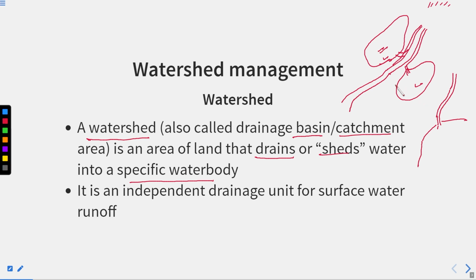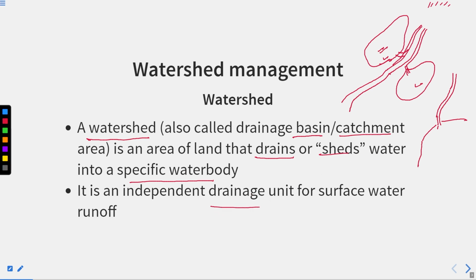All year that river channel is dry, but at the time of rainfall or flood, these channels are laden with water, because the river has a lot of water, and that channel also gets a course of water from the heavy rainwater, and transports all the water to the nearby wetlands or any specific water body. So that is called a catchment area.